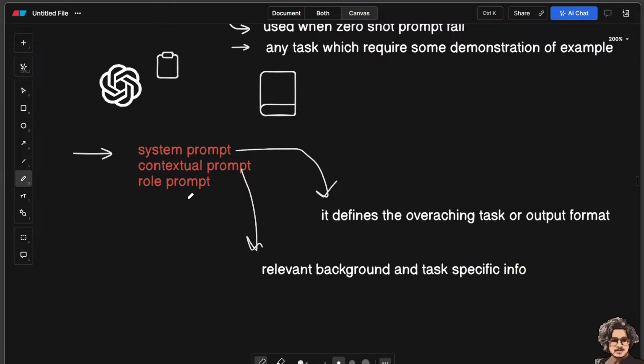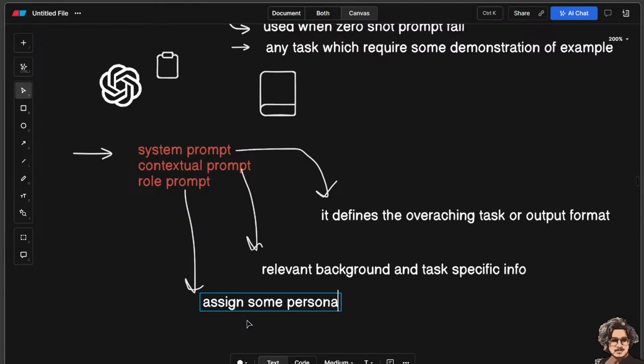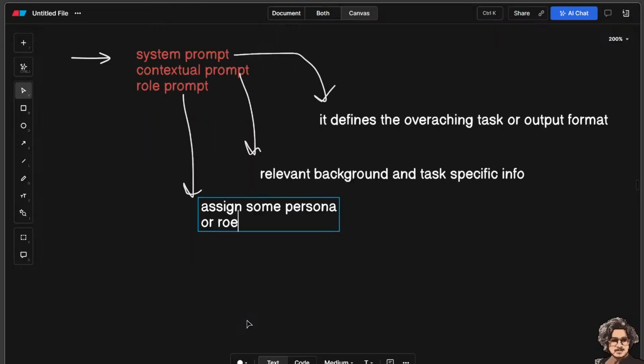And what is role prompting? In that case, we assign a role, like act as a travel guide. Role prompting means assigning some persona or a role, so we give a persona to the LLM.